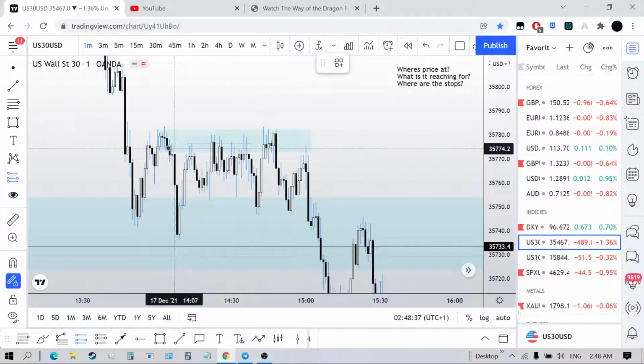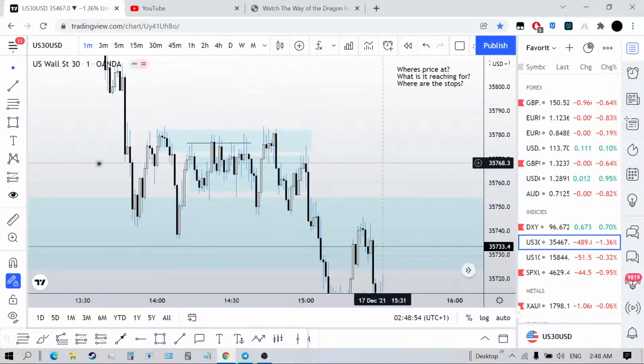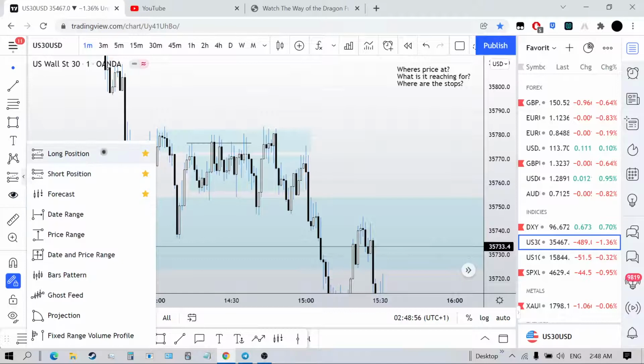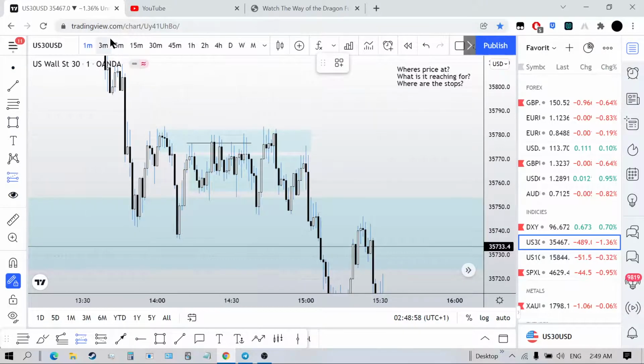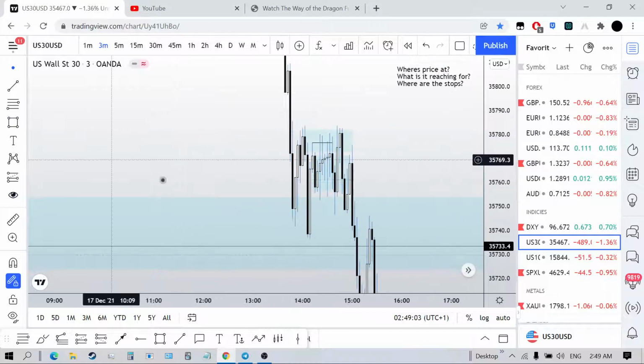But right here, it came up into this up candle, broke down, and then once it moved back up above this area, I'm looking at this as a supply and demand flip. Okay. So I was looking for price to come back inside of here, and then once it did that, I think I looked at the 3 minute or 5 minute to see the candle a little bit better.